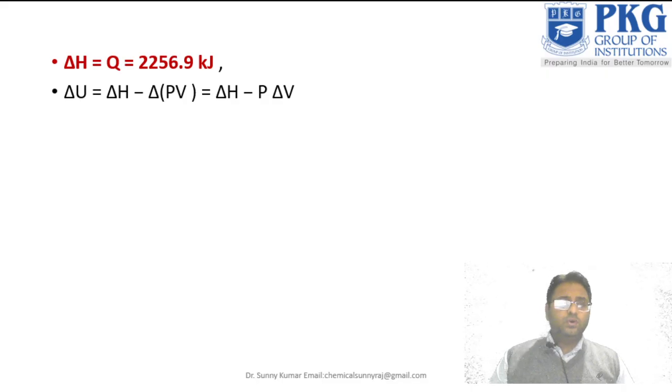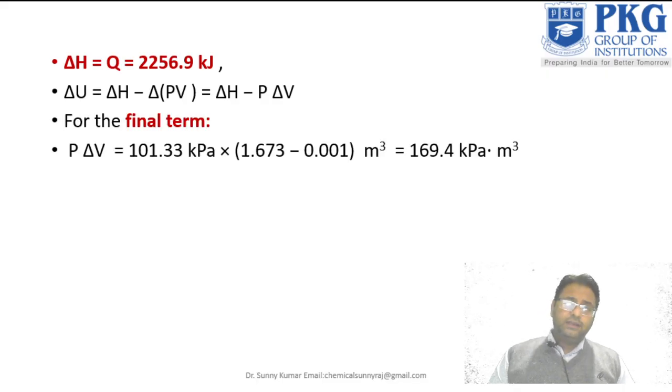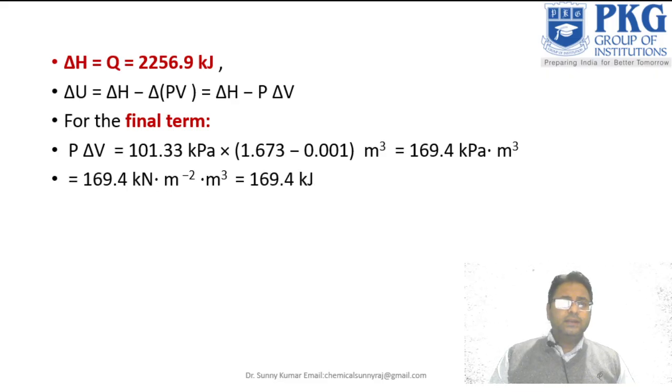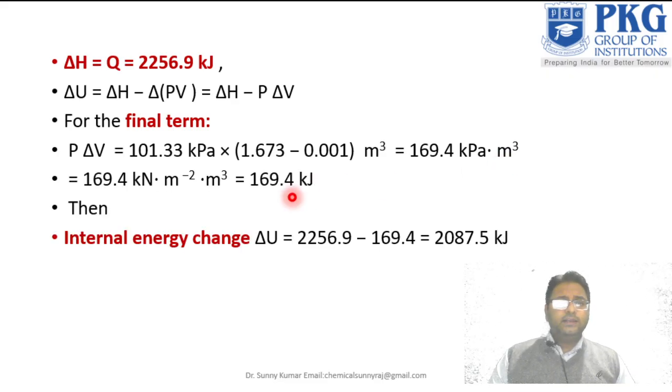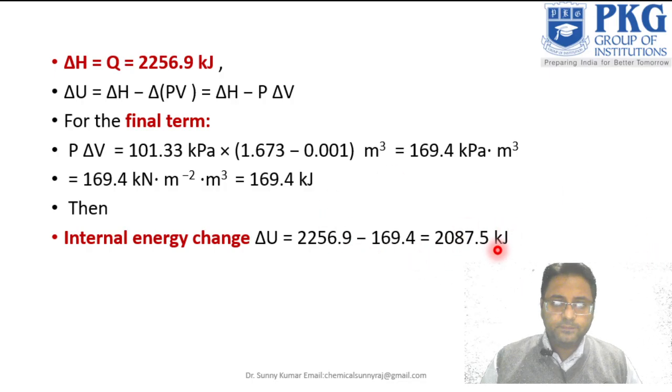So the internal energy will be del U equal to del H minus del PV, del H minus P del V. So this we know previously. For the final term, P del V, the volume change we know is 0.6163 and 0.001, so you will get 169.4 kilopascal meter cube. This is the term you will get, and when you put this del H value and this P del V value, the internal energy for the system will be 2087.5 kilojoule.